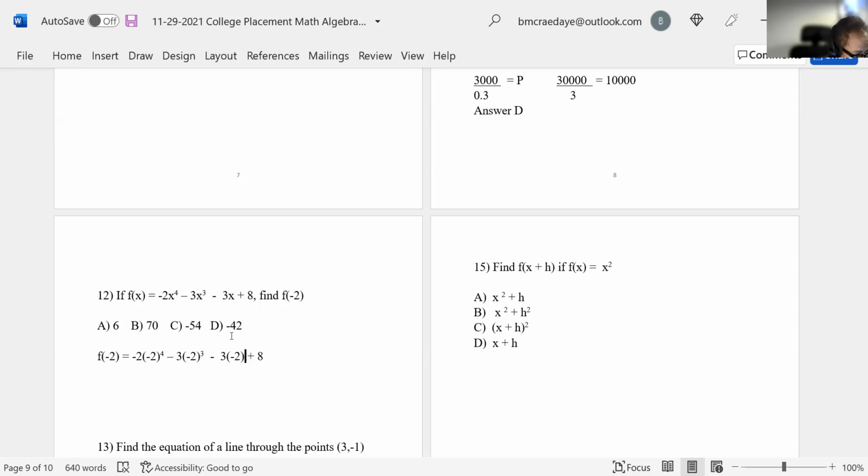It would have to be to the 5th power to get the 32. Oh. All right. No, remember, minus times minus is plus, plus times minus is minus, and then minus times minus is plus. So minus 2 to the 4th power will give you a plus 16. Okay. The plus 16. And then let's see.